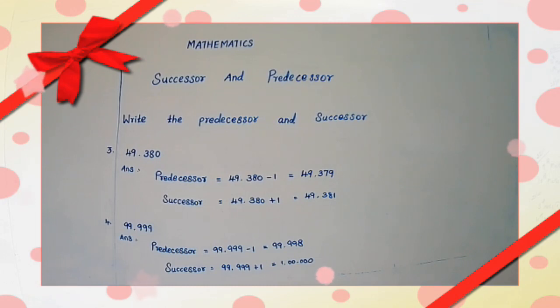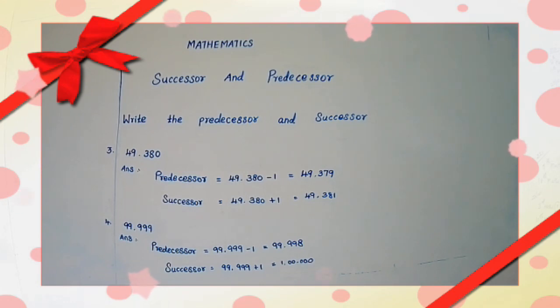Predecessor is equal to 49,380 minus 1 is equal to 49,379.